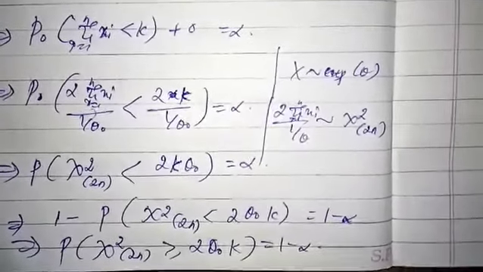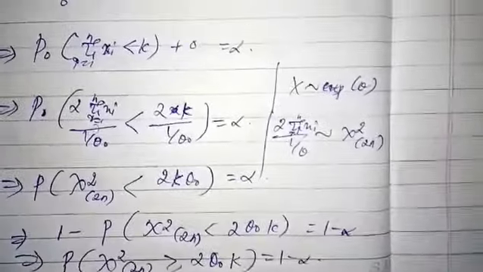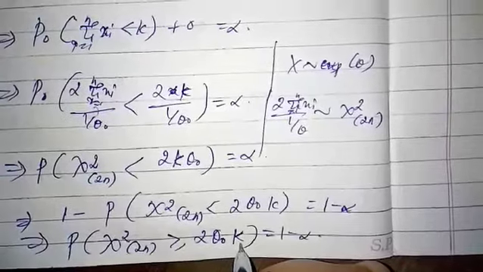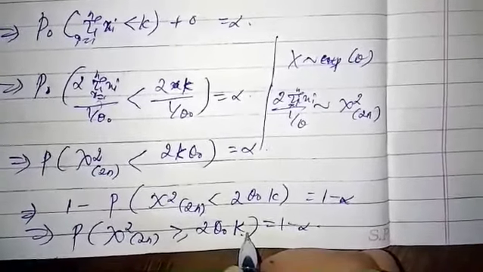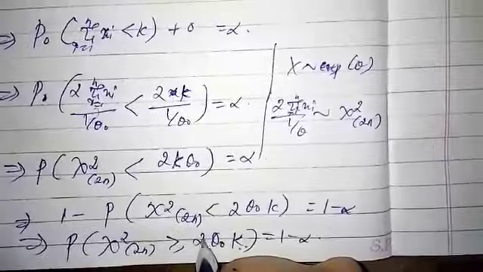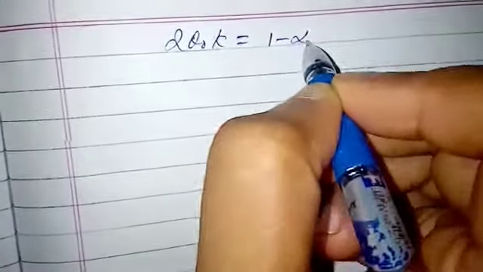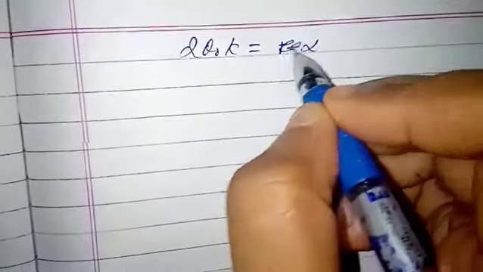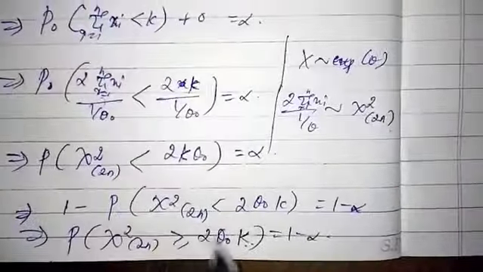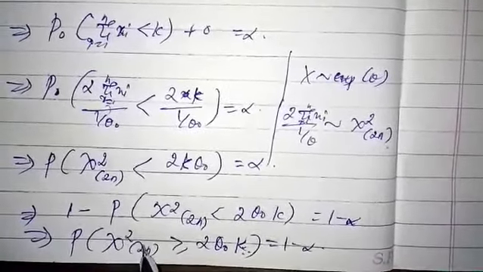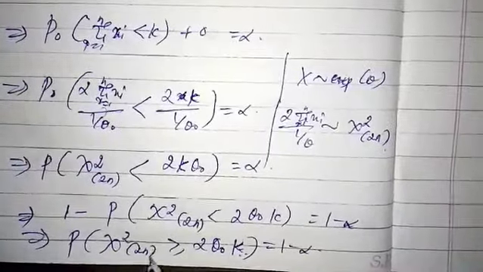From here we need to find the value of k, right? So 2 theta naught k equals chi-square with 2n degrees of freedom, 2n comma 1 minus alpha.